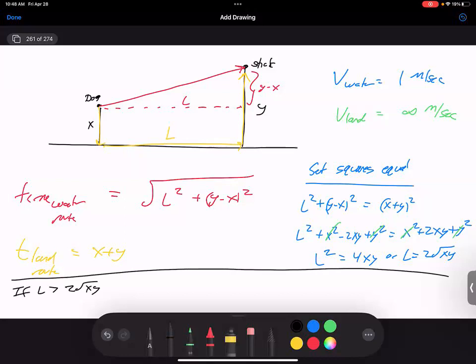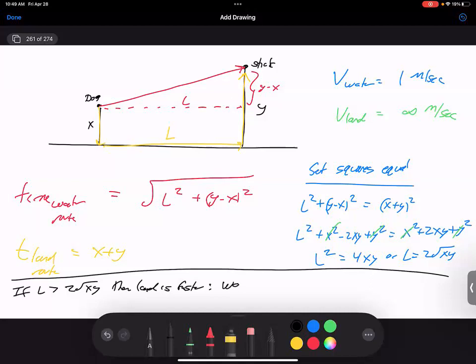What do we know? It's faster to go on land. Then land is faster. So if land is faster, then we know the water route is taking more time.